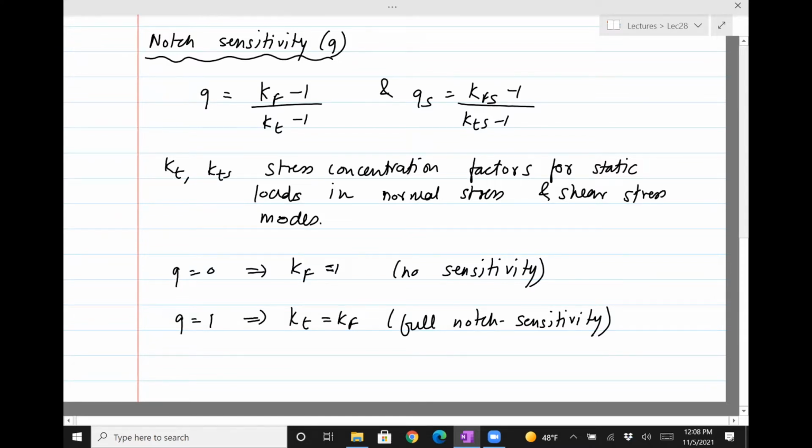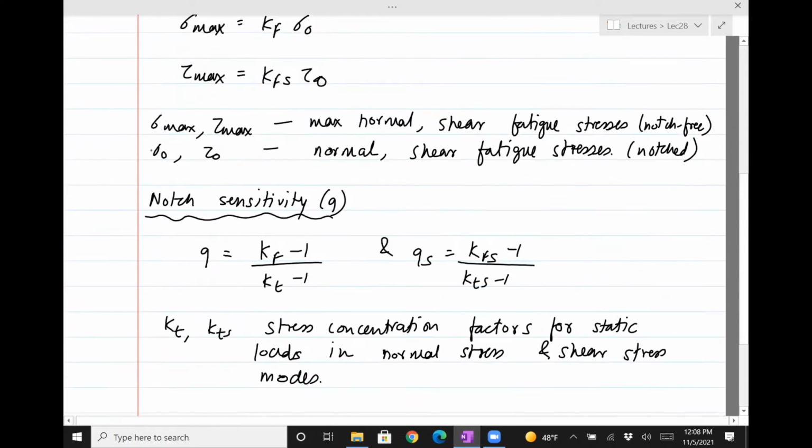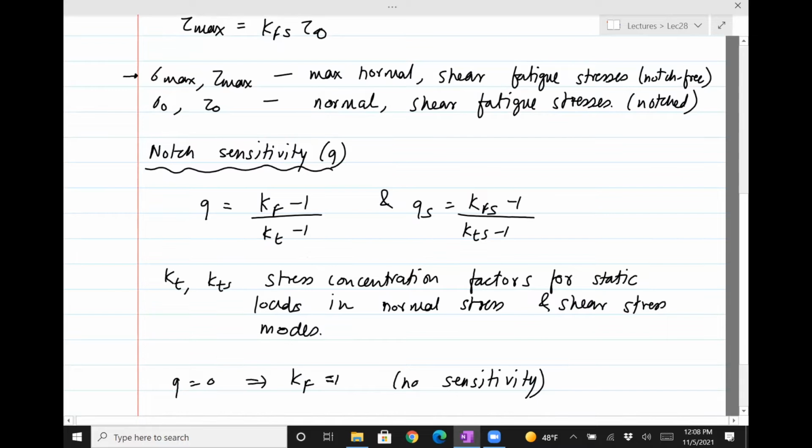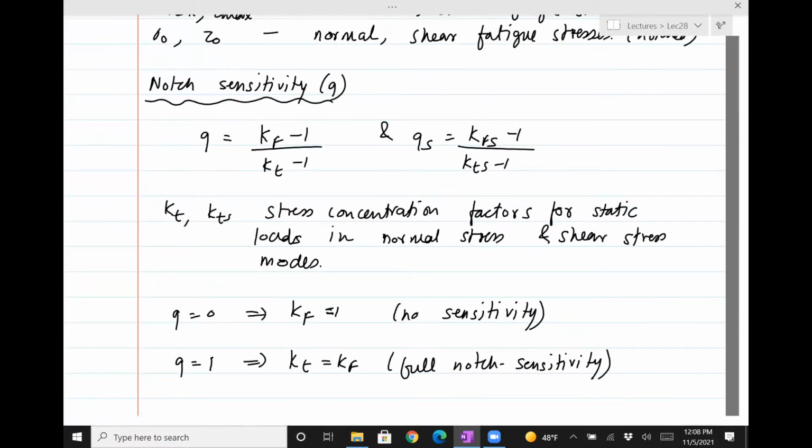So what is of interest to us is figuring out these stresses, finding the maximum stresses, right? And how do you go about doing that for fatigue loading? And so the procedure is as follows. So I'm going to give you how we do this.